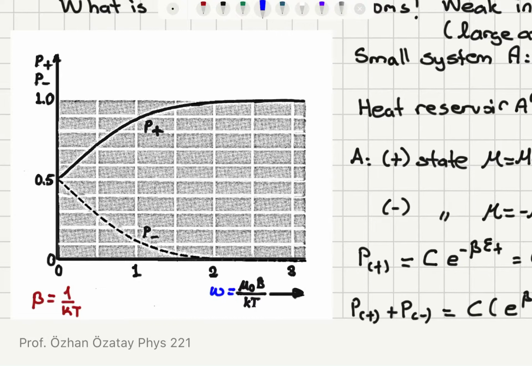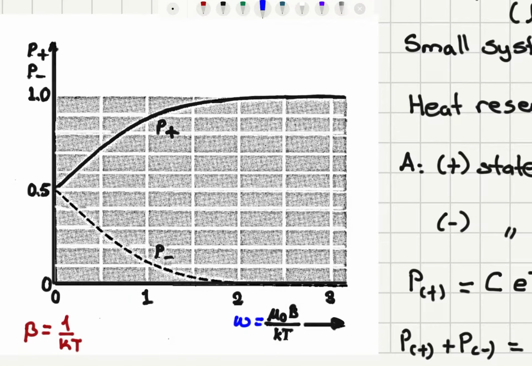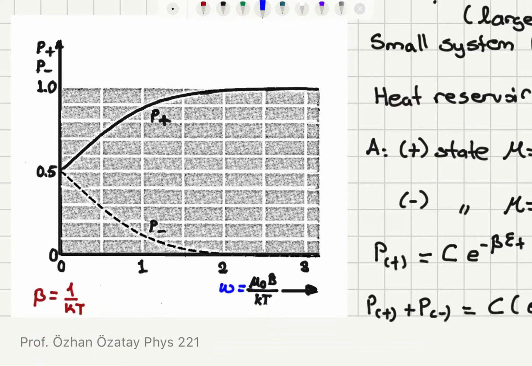If you have, for example, a large magnetic field, at constant temperature the probability of having a plus state increases, and the probability of the minus state, the anti-parallel moment, decreases. On the other hand, for a constant magnetic field, if I increase the temperature, this is going to decrease omega, and the probabilities will approach each other.